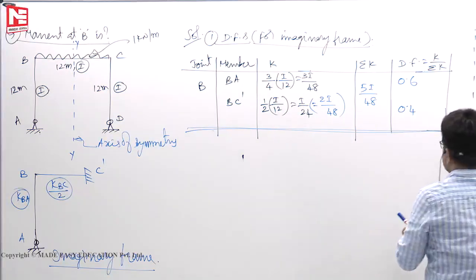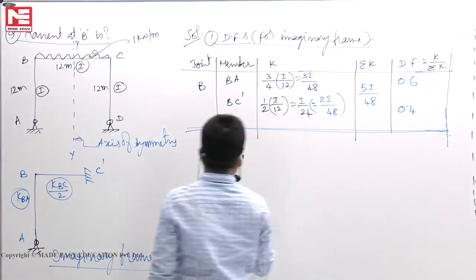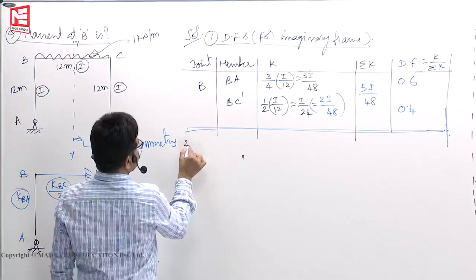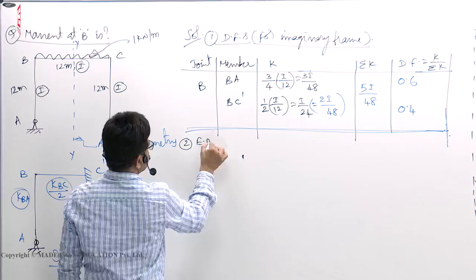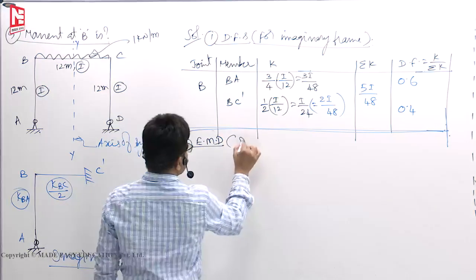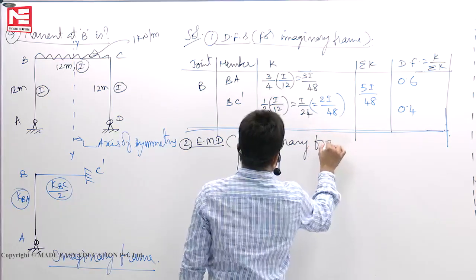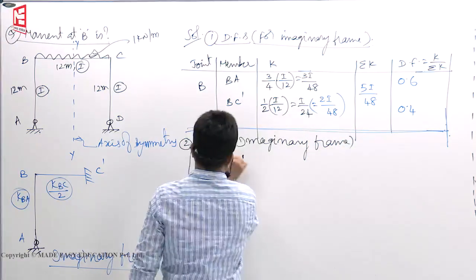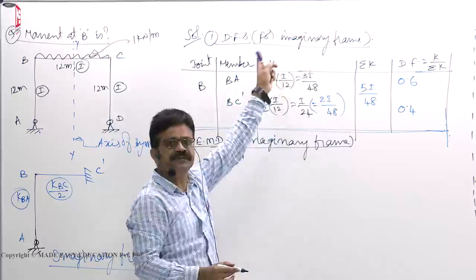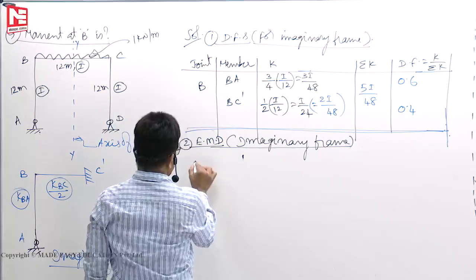So that's it. Next, second one, end moment distribution. Here itself we'll write end moment distribution for the imaginary frame. Whatever you get, with opposite sign you have to write for the other half of the frame.